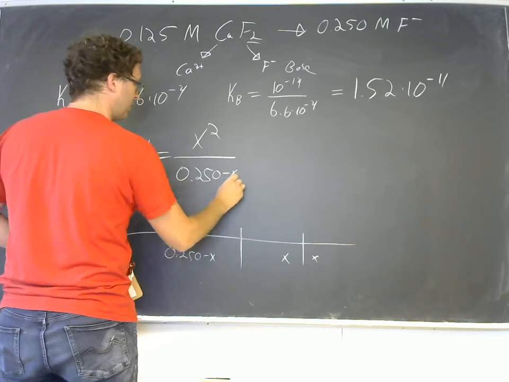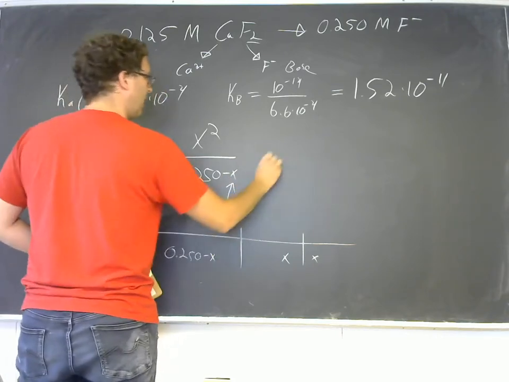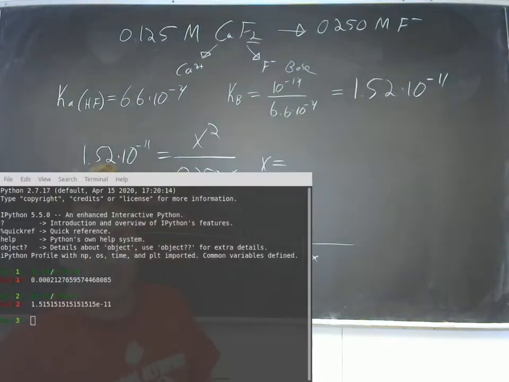And we will assume that x is small, and so we can solve for the value of x by taking the square root of that Kb value, 1.51515151e negative 11, times the initial concentration of 0.250.